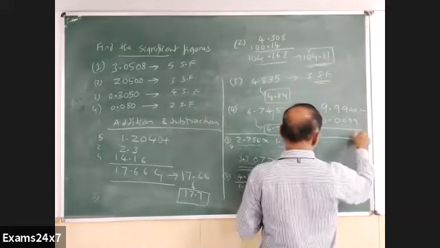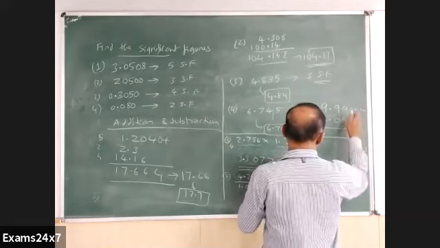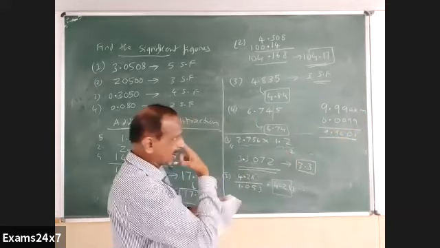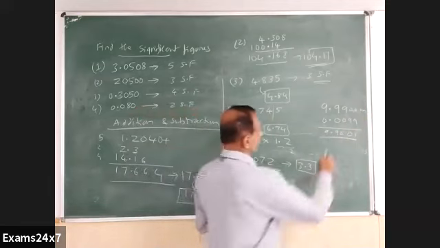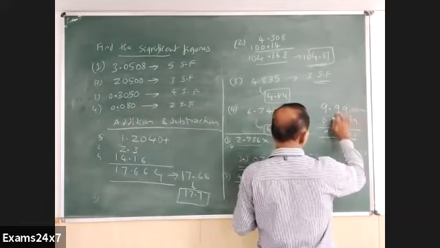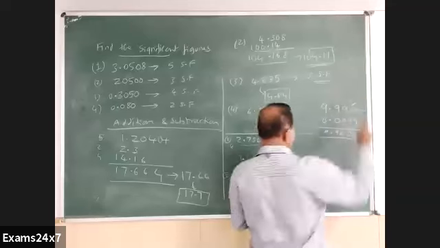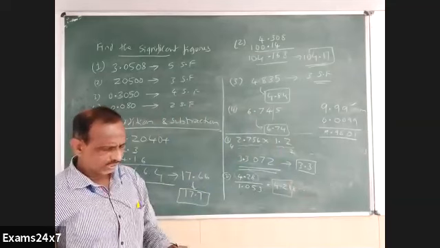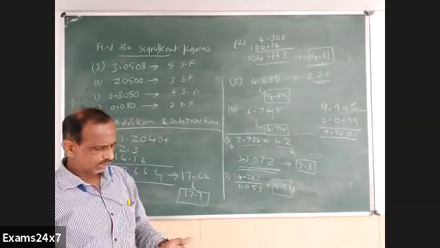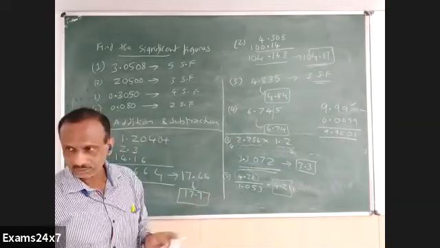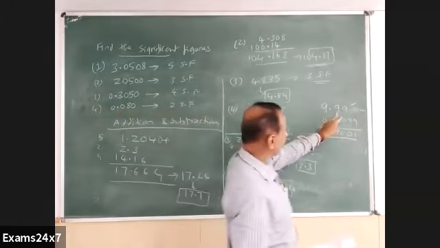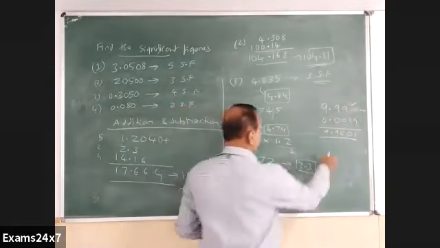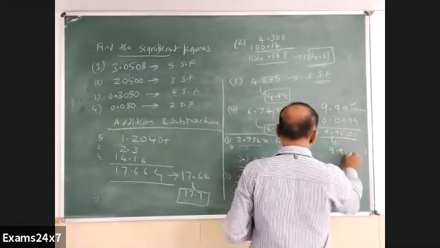Zeros, 1, 0, 8, 9. So what is the answer? These zeros are actually just for calculation purposes. The given data has just 2 digits in the decimal part. Therefore, the answer is 9.98. 9.98 meter becomes the answer here, because there are 2 digits as the least case in the data.